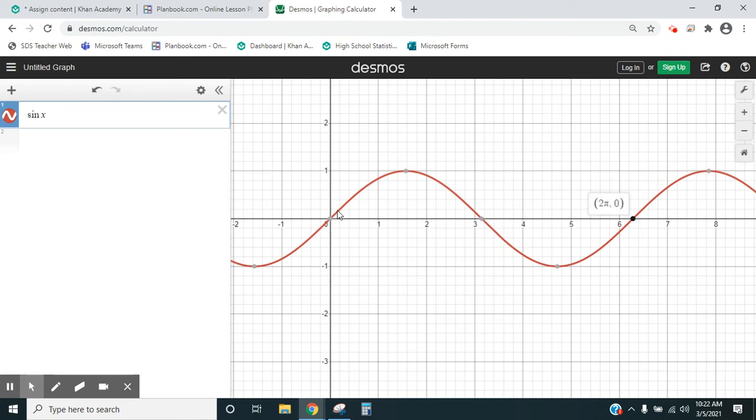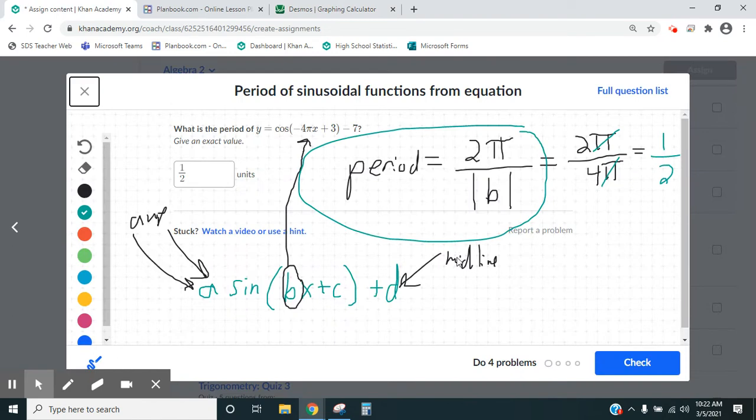And this point where it repeats is 2 pi. So just like the unit circle, if you go all the way around the unit circle, you remember we talked about radians? In degrees, it was 360, right? That was one trip. In radians, that's 2 pi. It's one full trip on our unit circle. That's the same thing with this sine graph. Okay? Now let's go back.